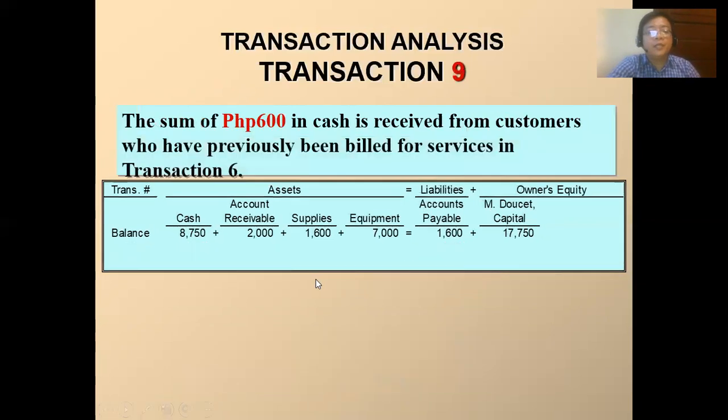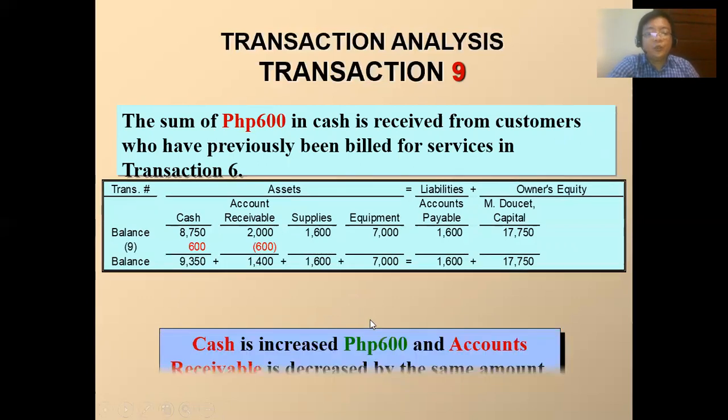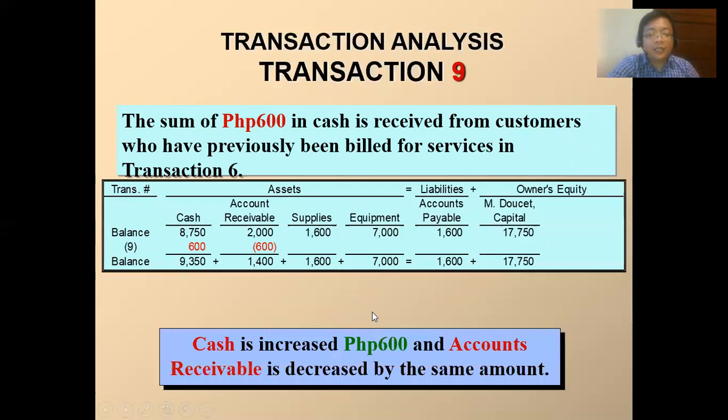Alright. Number 9, the sum of 600 in cash is received from customers who were previously billed for services. So kanina, walang pera yung customers mo, pero ngayon may pera na. So magbabayad na ng utang sa'yo. So it will add to your cash, but it will deduct from your accounts receivable by the same amount.